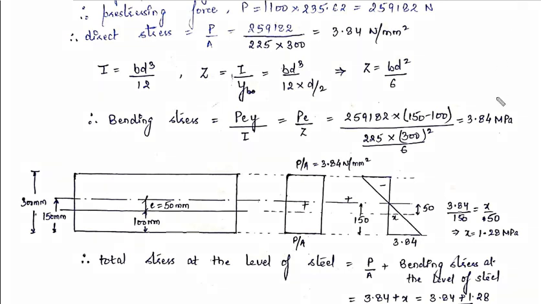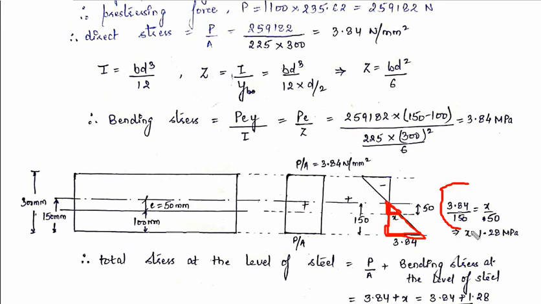See, now we have to find out the value of the bending stress at this level, that is the value of x. See, we can find out this value by using the property of similar triangles. Now, if you see the diagram, there are two triangles. One is this bigger triangle and one is this smaller triangle. So the perpendicular of the bigger triangle divided by the base of the bigger triangle equals the perpendicular of this smaller triangle divided by the base of the smaller triangle.